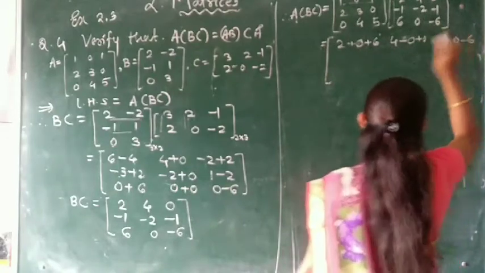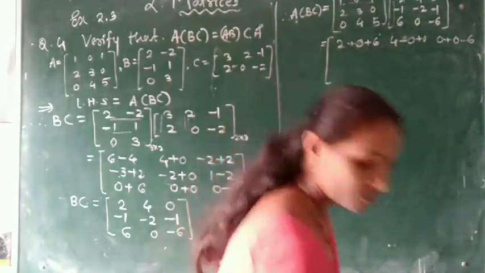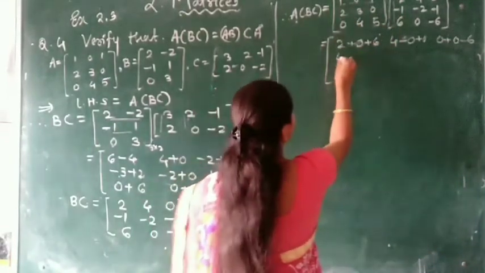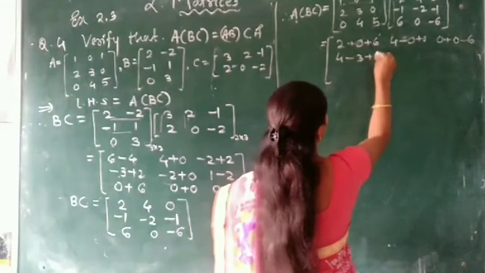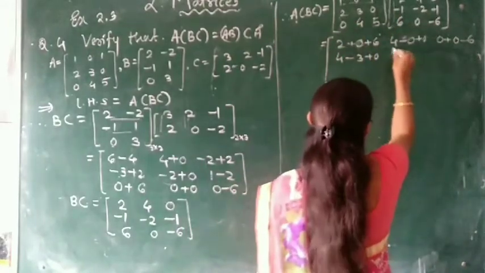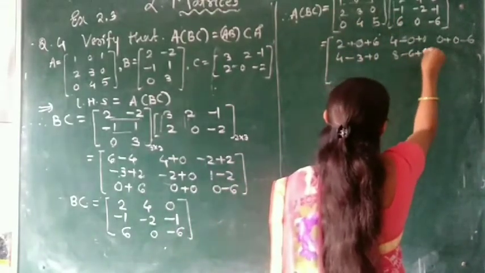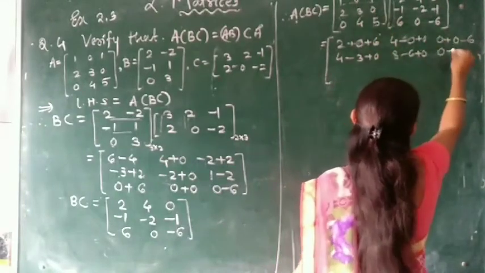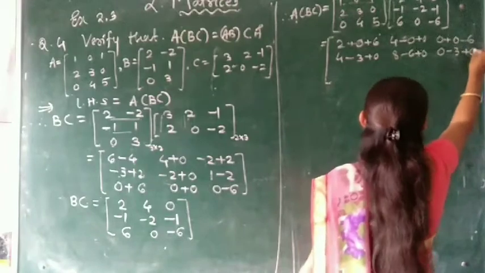And minus 6. Now second row, first column. 2 into 2, 4. Minus 3 plus 0. Next 2 into 4, 8. 3 into 2, minus 6 plus 0.